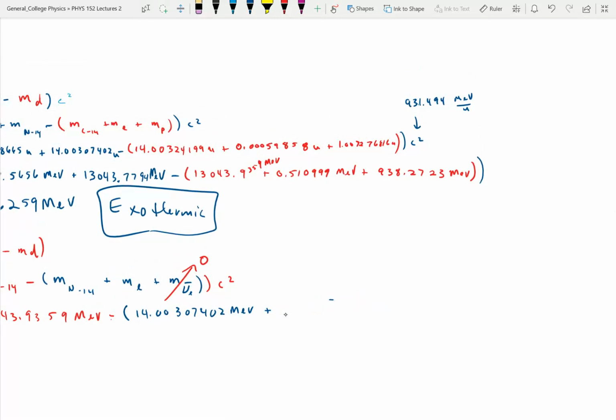That was the mass in atomic mass units. So is that. Copied both of those wrong.